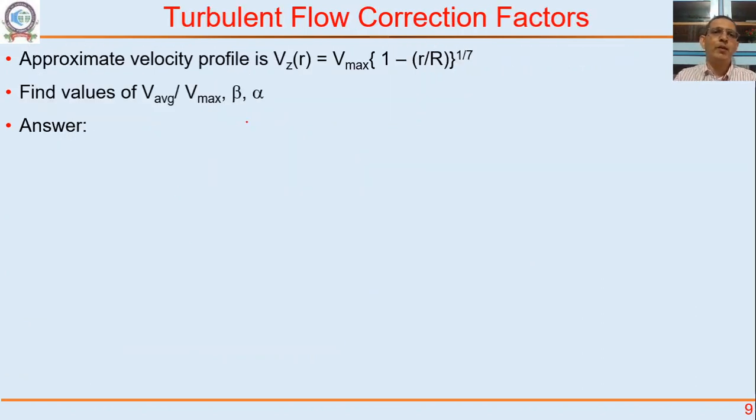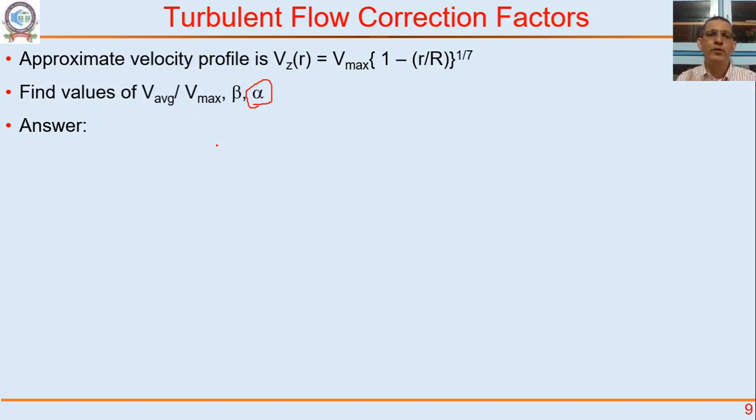So here is another problem for you. If the velocity profile is like a turbulent flow, so Vz is Vmax into (1 minus r by R) whole thing raised to 1 by 7. Find values of V average by Vmax, find the value of momentum correction factor, find the value of kinetic energy correction factor. And we are going to need this a lot in our course. Okay? Do this for yourself.